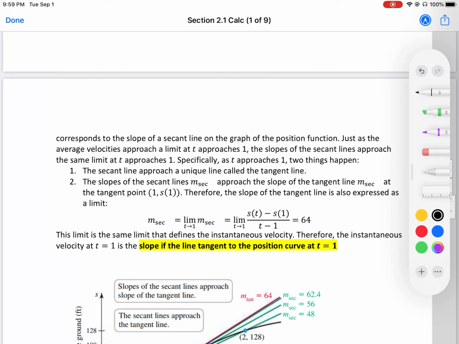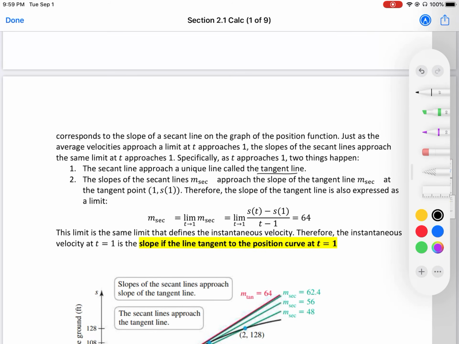Just as the average velocity approaches a limit as t approaches 1, the slopes of the secant lines approach the same limit as t approaches 1. Specifically, as t approaches 1, two things happen. 1, the secant line approaches a unique line called the tangent line. 2, the slopes of the secant lines approach the slope of the tangent line at the point 1 and s of 1.